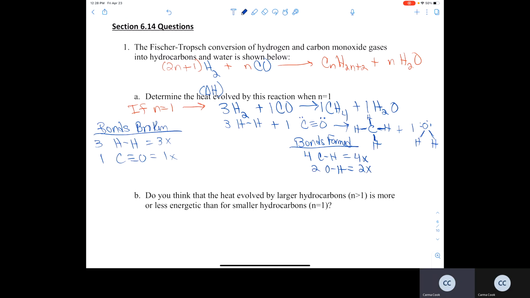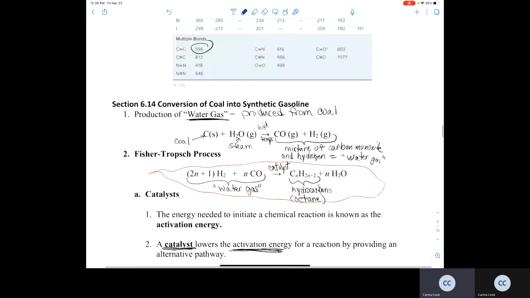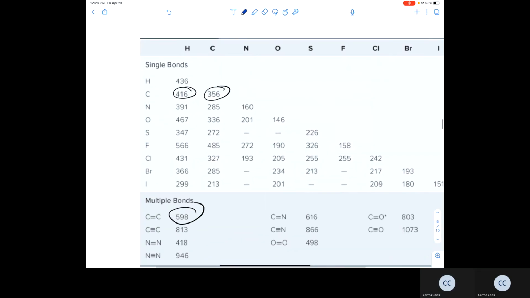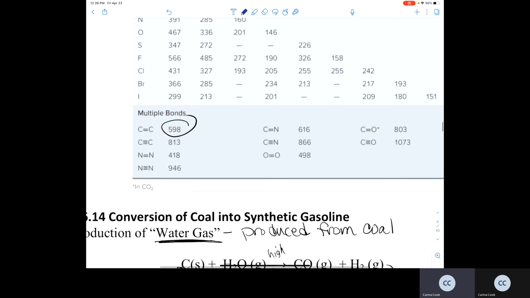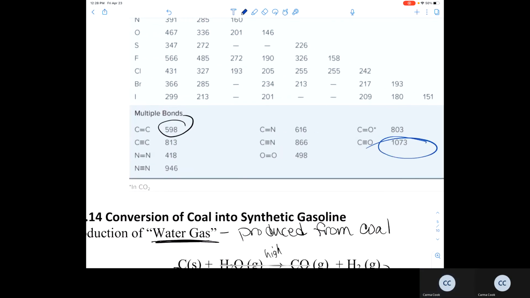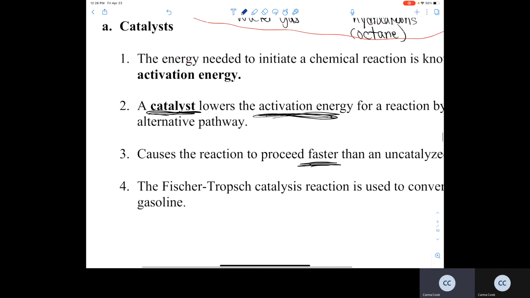Again, we get our bond energies from our table. An H-H single bond is 436, and a C triple bond O bond is 1073.